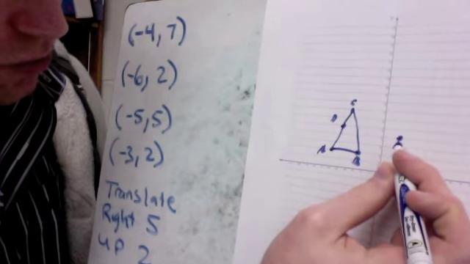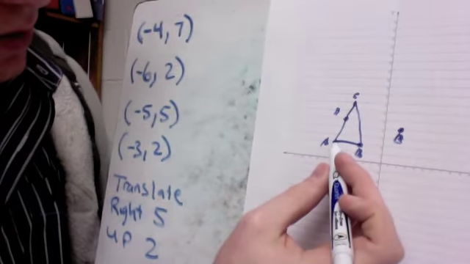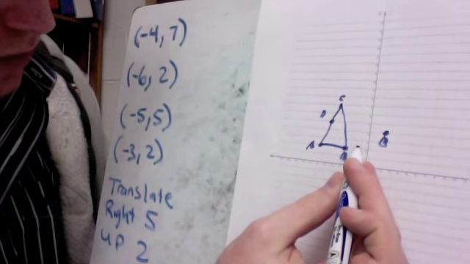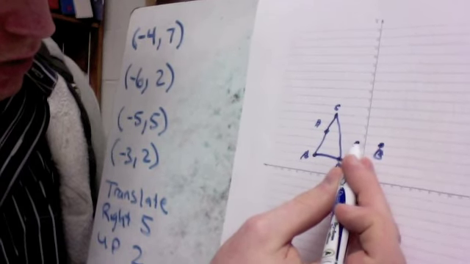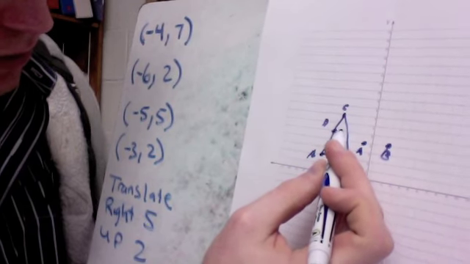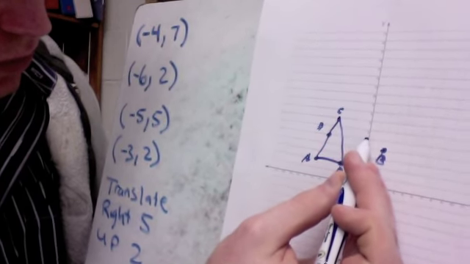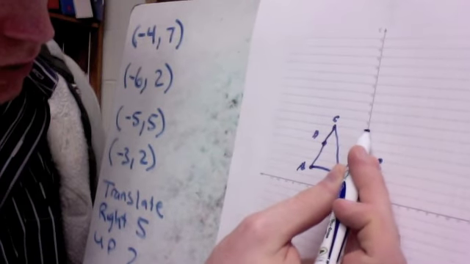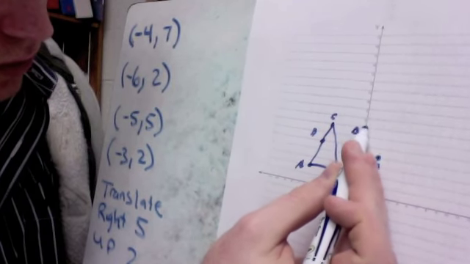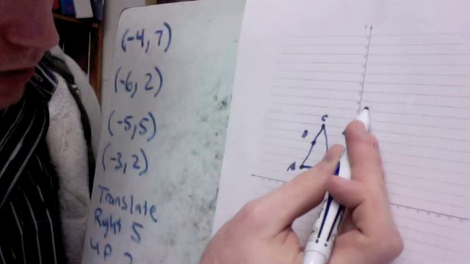So here's my new B. Right 5, up 2. Here's my new A. For D, right 5, up 2. There's my new D. And for C, 1, 2, 3, 4, 5, up 2 would be right here.